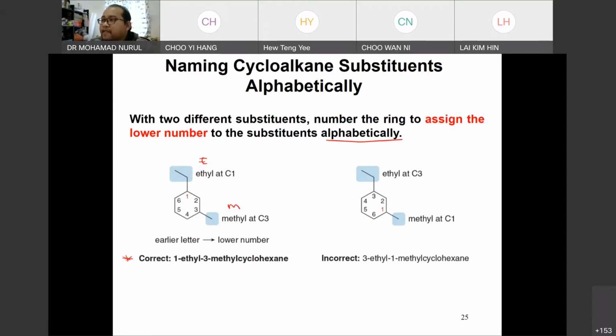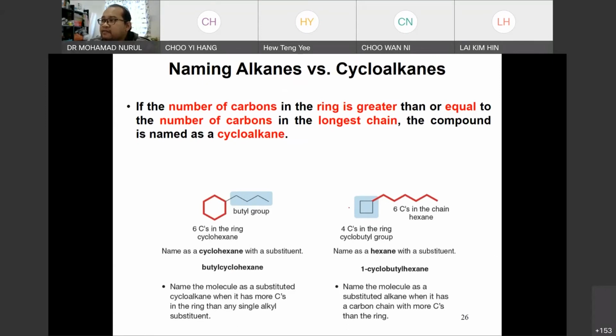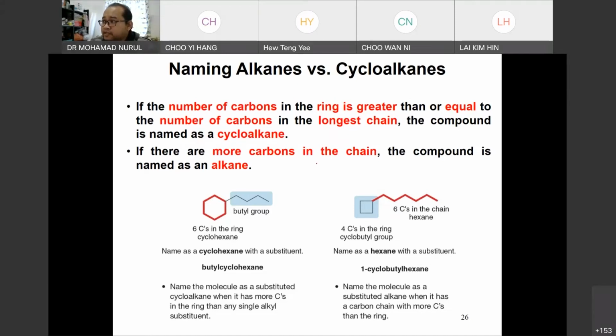Okay. So, naming alkanes versus cycloalkanes. Okay, if the number of carbons in the ring is greater than or equal to the number of carbons in the longest chain, the compound is named as a cycloalkane. If there are more carbons in the chain, the compound name is an alkane. This is a very simple example.